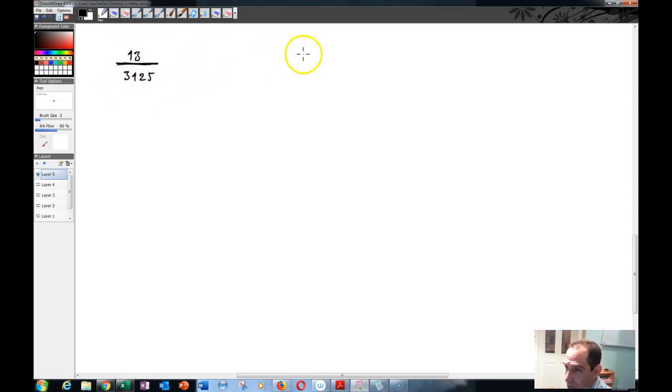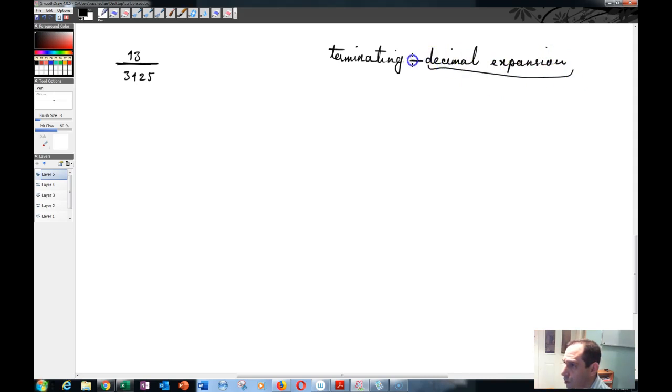Basically, there can be two cases: the decimal expansion is terminating, or the decimal expansion could be non-terminating, repeating.